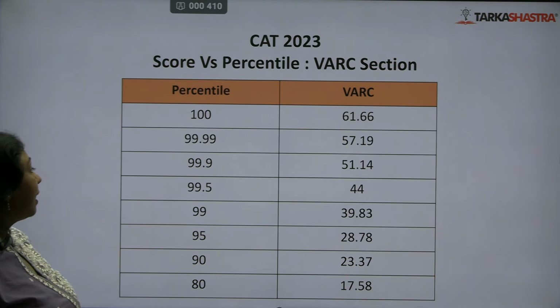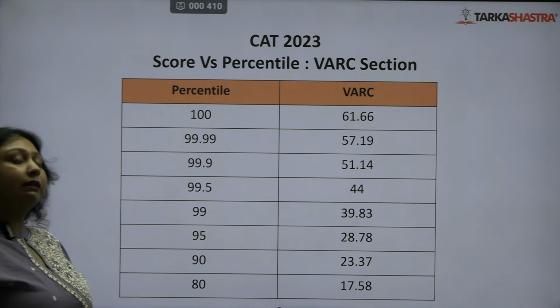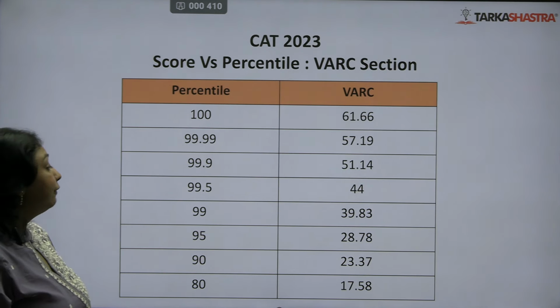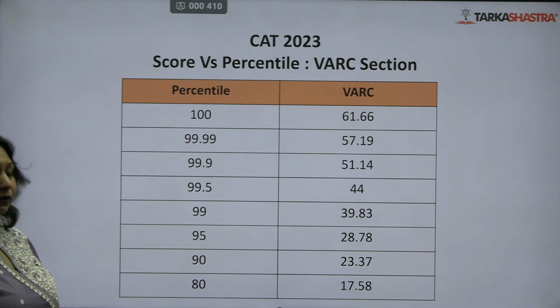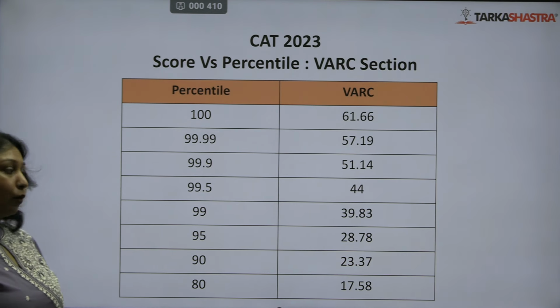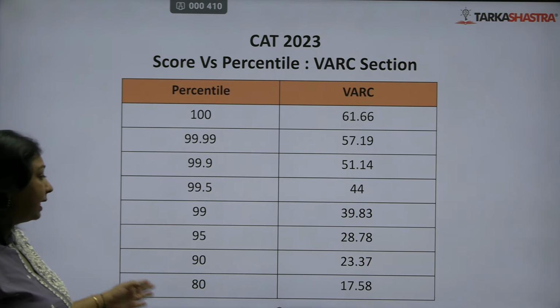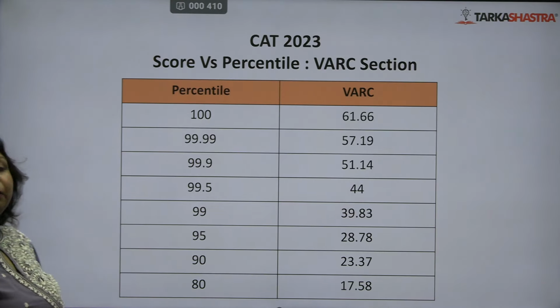If you score 44 marks, you will score 99.5 percentile. If you score 39.83 marks, you will score 99 percentile. If you score 28.78 marks, you will score 95 percentile. If you score 23.37 marks, you will get 90 percentile, and the last is 17.5758 marks with 80 percentile.